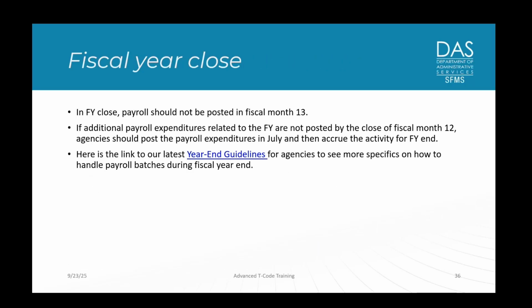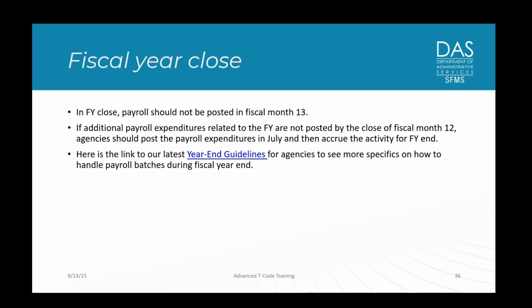Then we have fiscal year close. We just passed it two to three months ago, but I highly recommend tagging this for next fiscal year close to refer back and check our year-end guidance. Because in fiscal year close, payroll should not be posted in fiscal month 13.